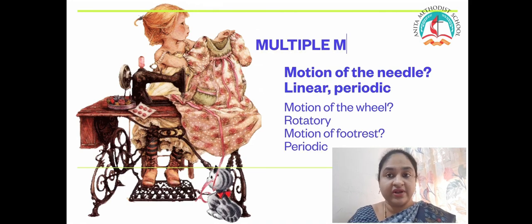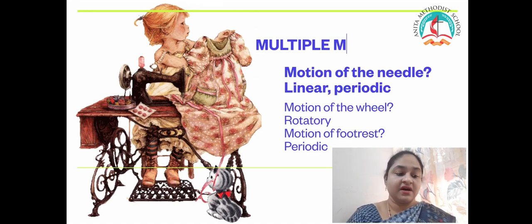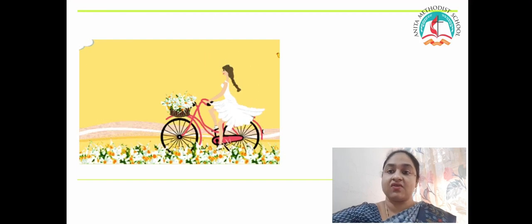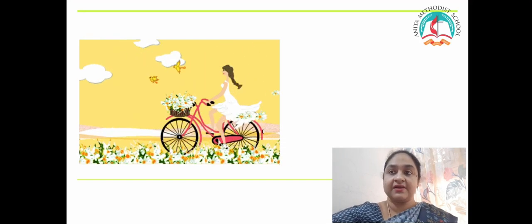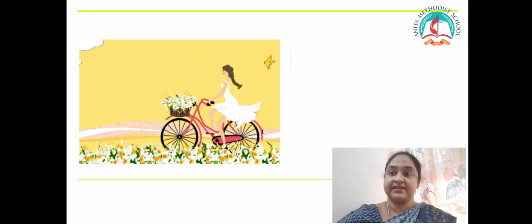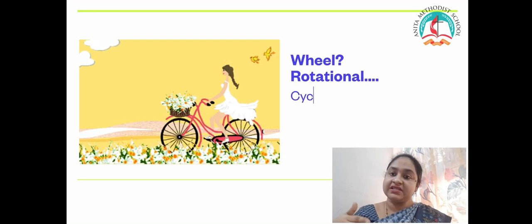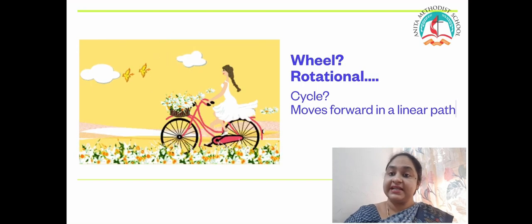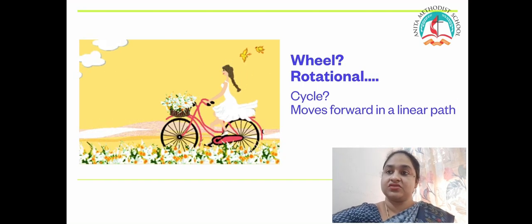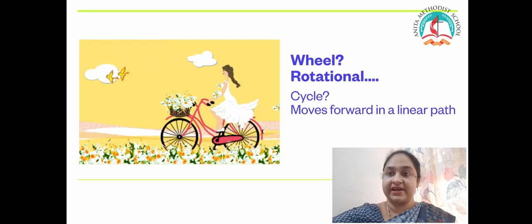Shall we see one more example of multiple motion? Yes. When you ride a bicycle, the wheel has its axis and it rotates on its axis. So we call that rotatory motion. And then on the road, the cycle is moving forward in a linear path. So here we have another example.